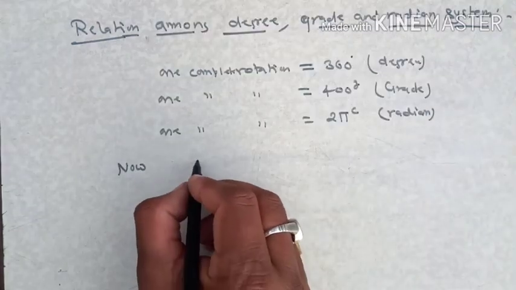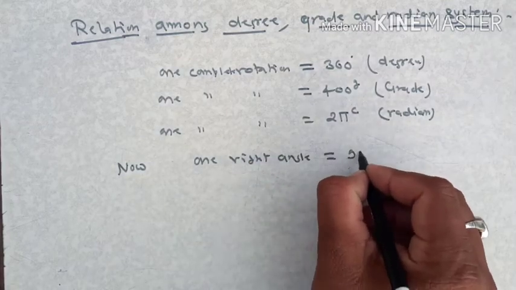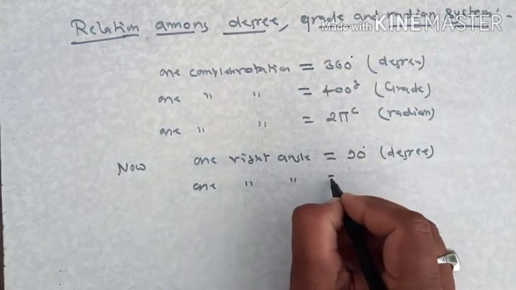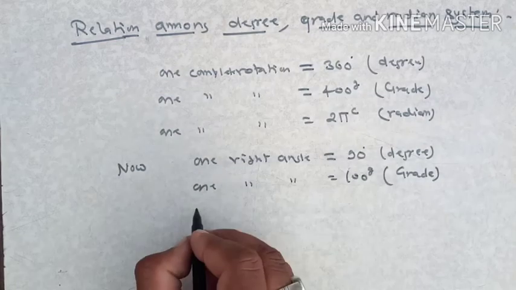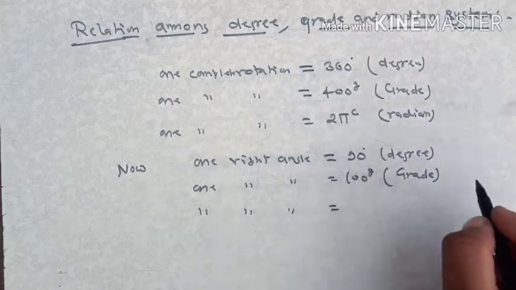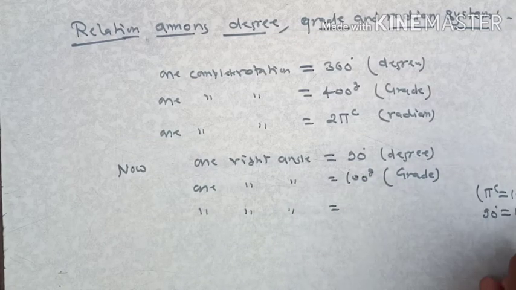Now 1 right angle equals 90 degree. 1 right angle in grade system is 100 grade. 1 right angle in radian system: pi radian is equal to 180 degree, so 90 degree is equal to pi by 2 radian.